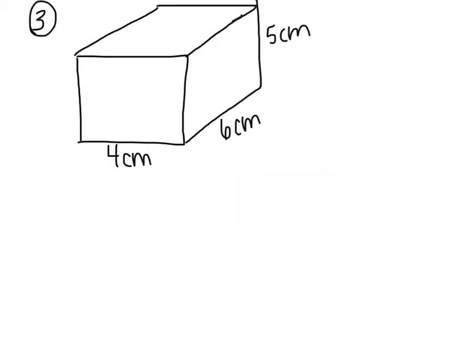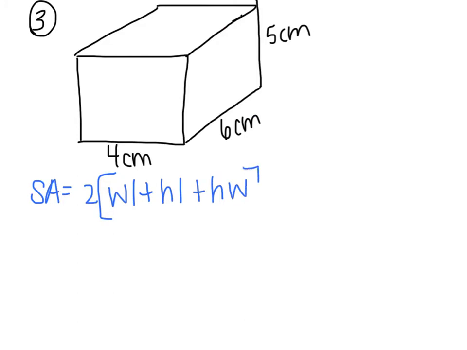All right. Here is our next one. So surface area equals 2 times width times length plus height times length plus height times width. So 4 is going to be our length, 6 is our width, 5 is our height.